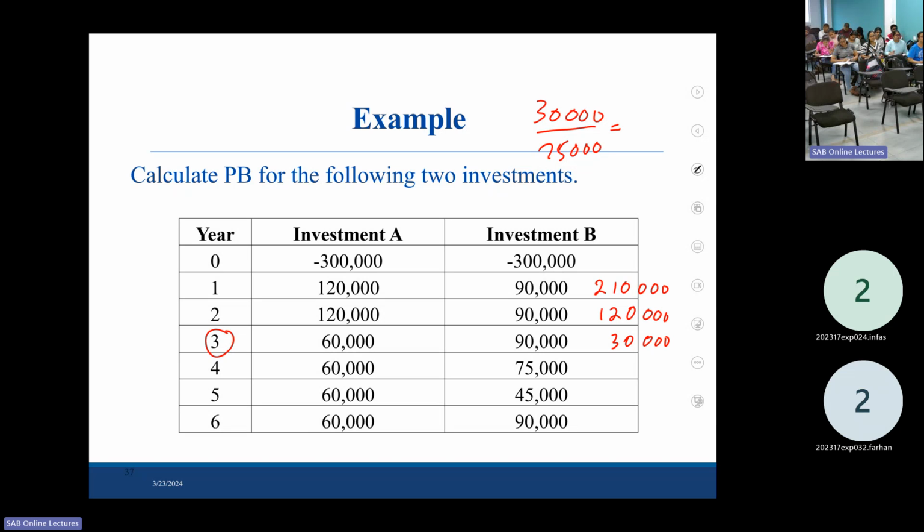So the payback is 3.4 years, or 3 years and 0.4 times 12 months, which is 4.8, approximately 3 years and 5 months. This is the payback.